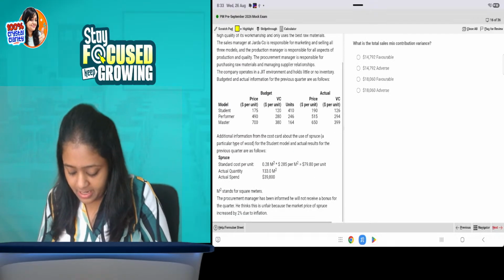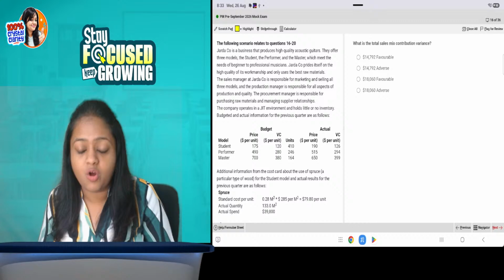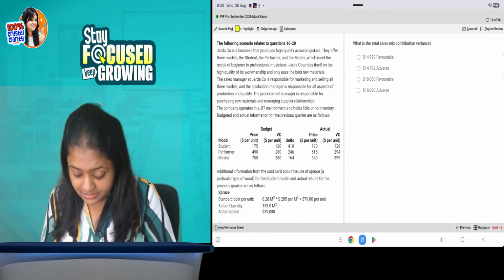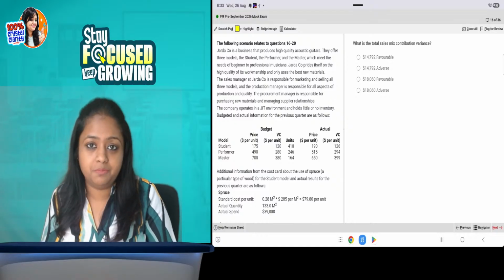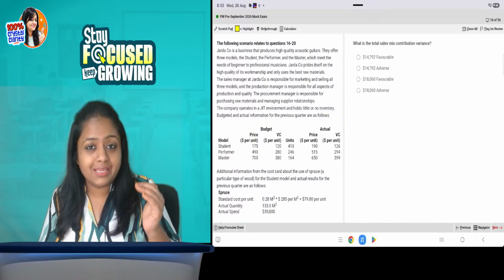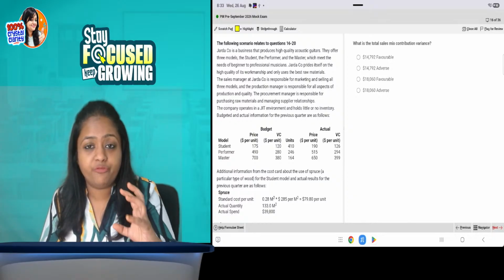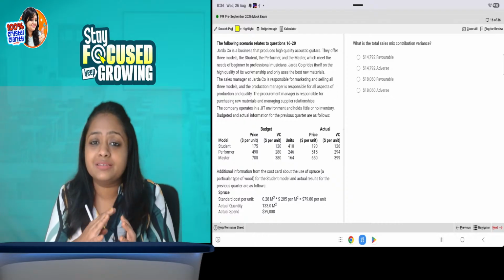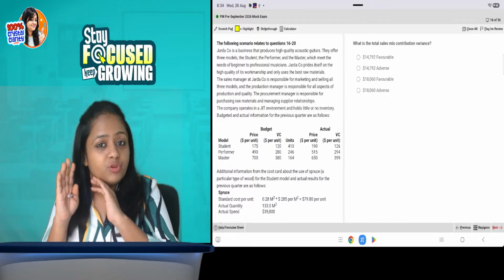Here I am doing one case study on sales variances. This is how you should be doing a section B case study. First, see what the question requirement is. Why? Because a case study has 5 different questions, and if you read the case study once for all 5 questions, you'll have to read it again and again.